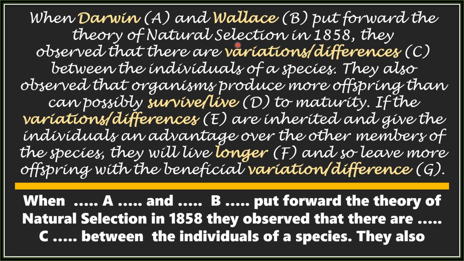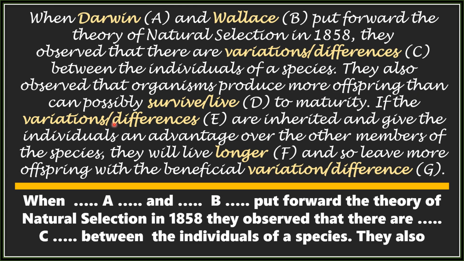When Darwin and Wallace put forward the theory of natural selection in 1858, they observed that there are variation or differences between the individuals of a species. They also observed that organisms produce more offspring than can possibly survive, live, to maturity.